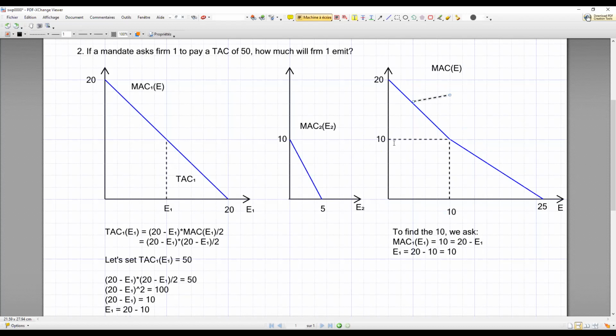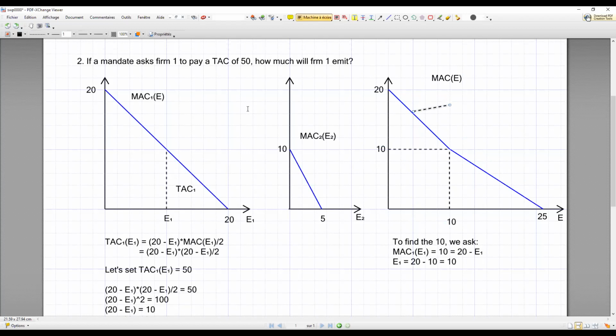So there's only firm 1. So what is the equation of this segment? Well, it's firm 1's marginal abatement cost, because the total abatement in the economy is just going on at firm 1. So it's MEC1, and it's going to be equal to 20.